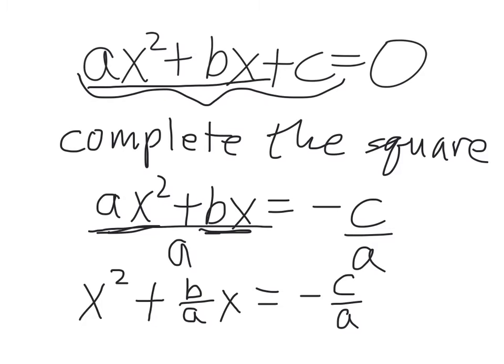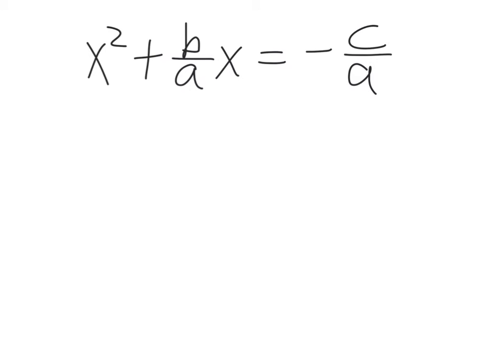So now we've got to look at this and say, how do we complete that square? From this form, the procedure of completing the square is to look at the x coefficient. Now, with numbers, this is a lot easier to look at, and I'm sure most of you have done this before, but with letters it's a little harder.